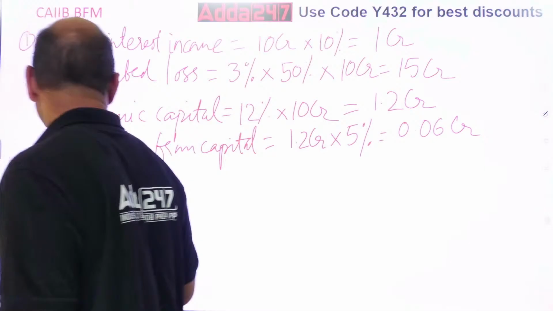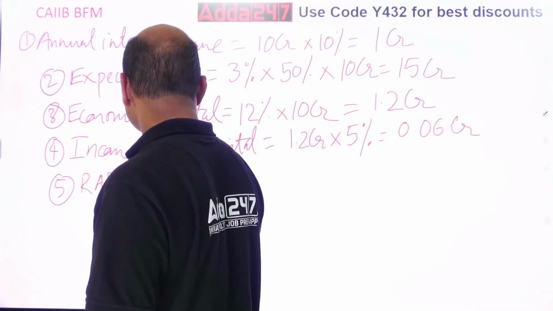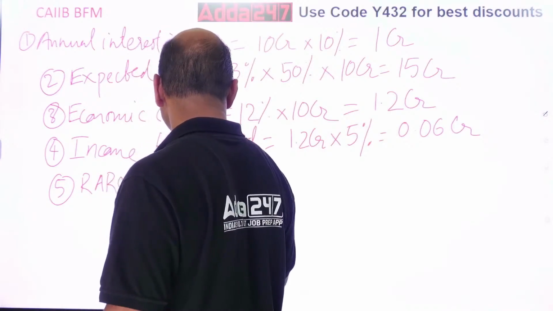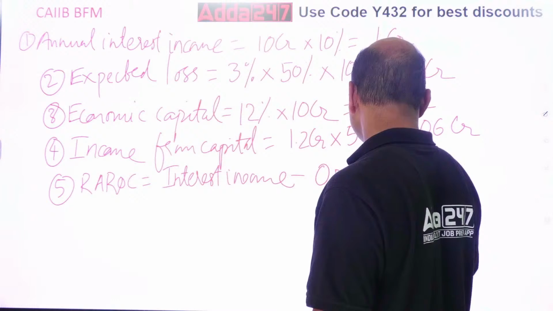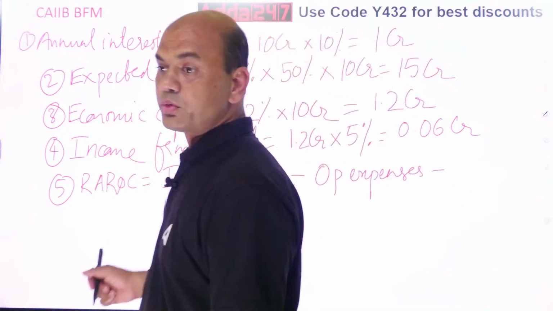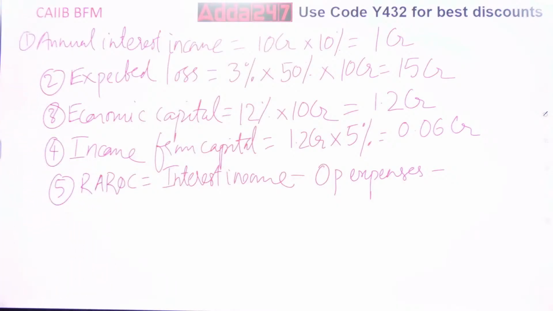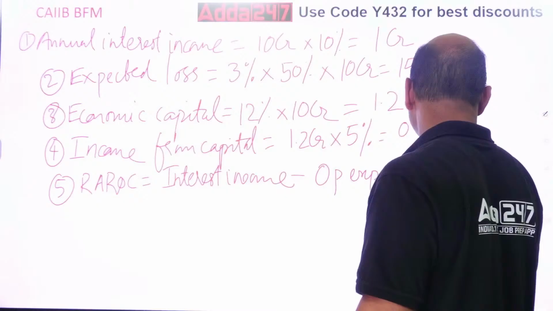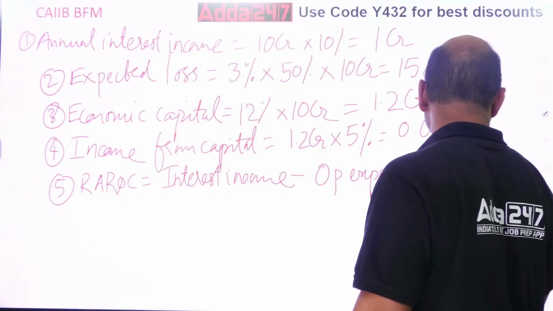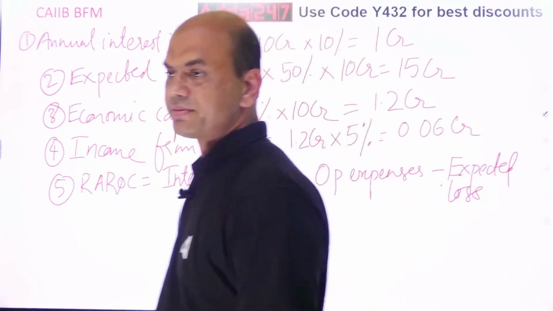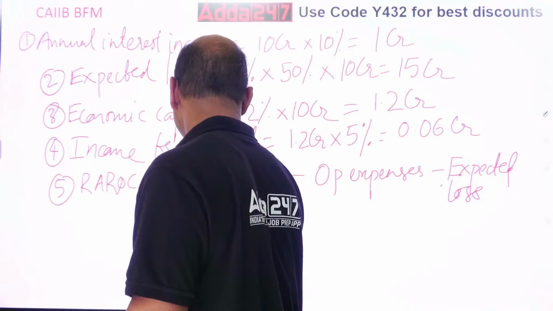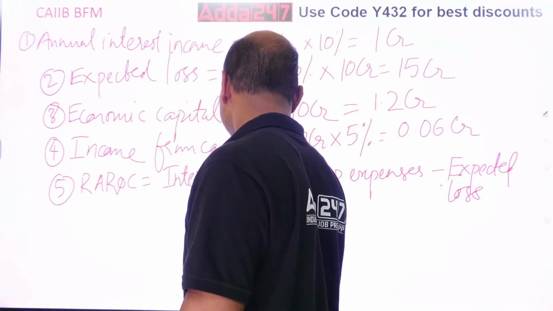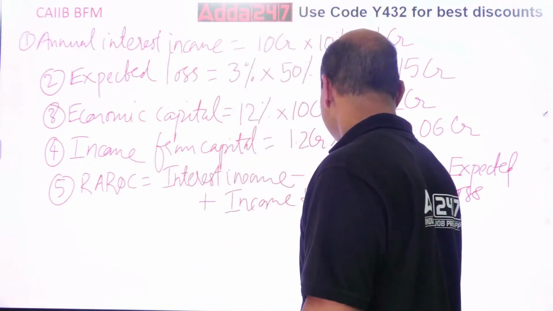See, it's very confusing. So I'll write it over here. Total interest income minus operating expenses, minus expected loss, plus your income from capital.